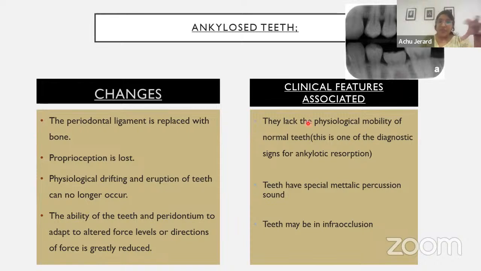Because the PDL is not there, the proprioception or sensory function is absent, and continuous eruption doesn't happen. So the tooth will be in infraocclusion, which you can notice clinically, and on tapping it gives off a different, metallic sound. That is how clinically you appreciate it.